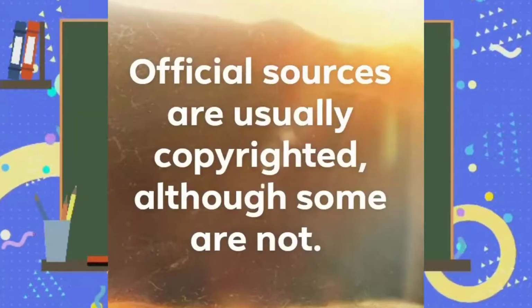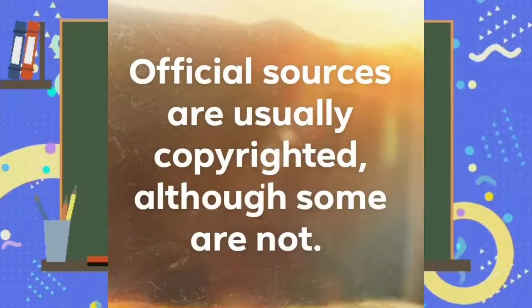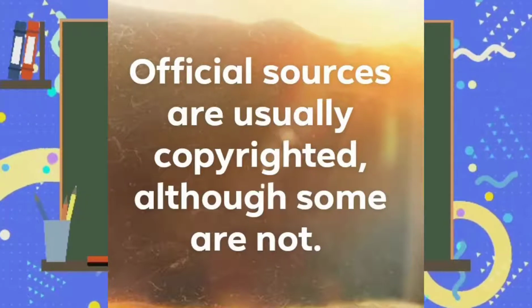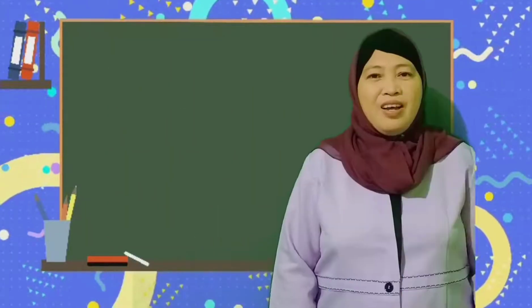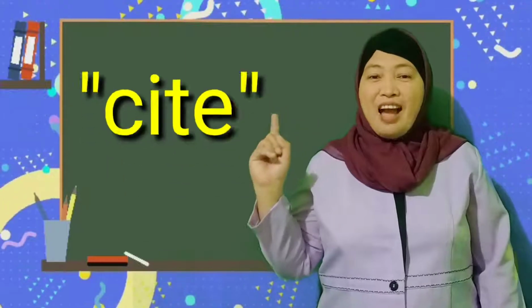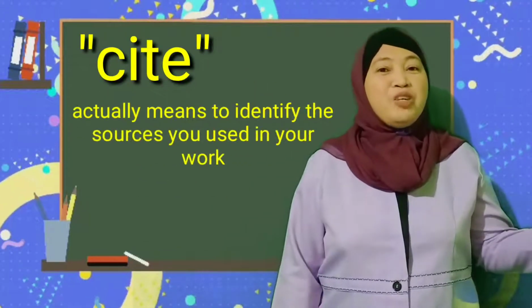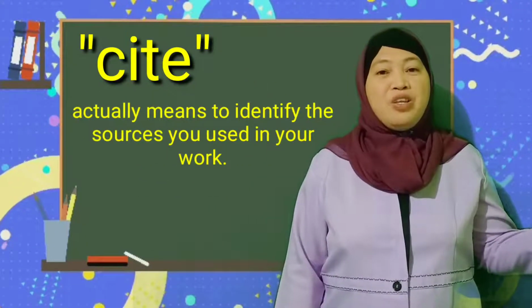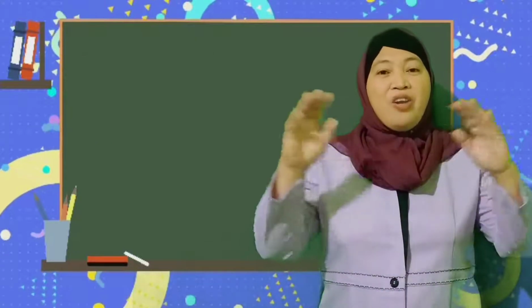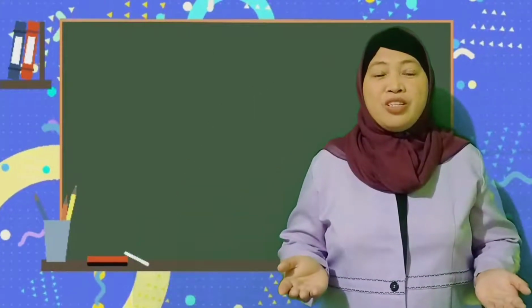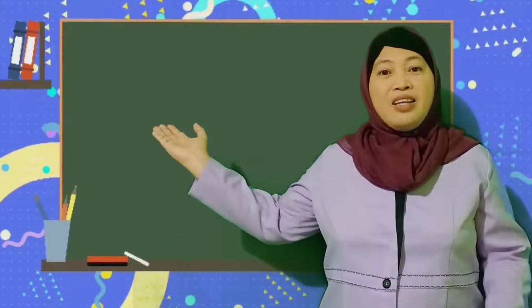Official sources are usually copyrighted, although some are not. The word cite actually means to identify the sources you use in your work. And all the details from a source are called citation.